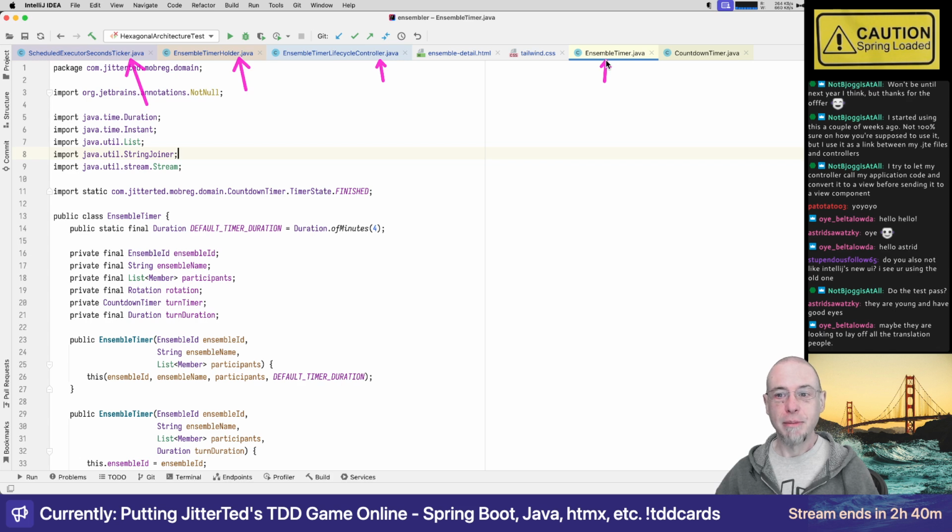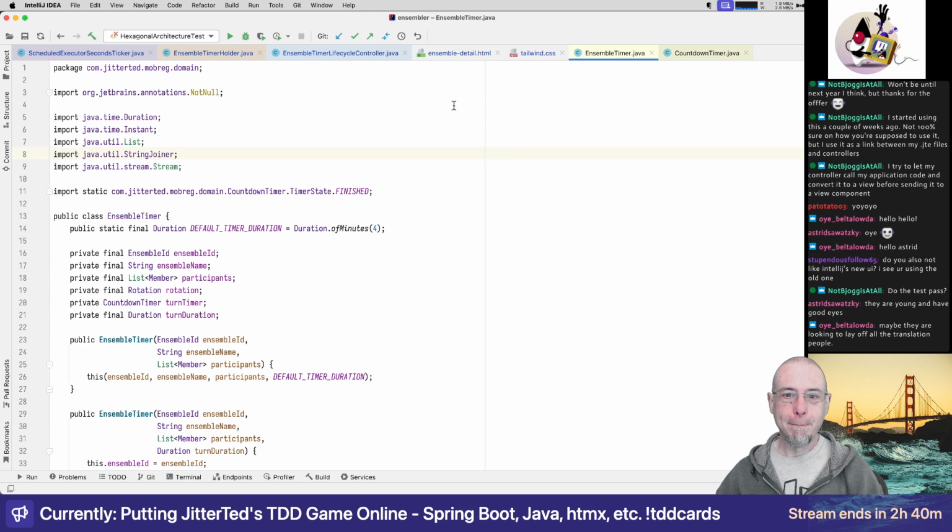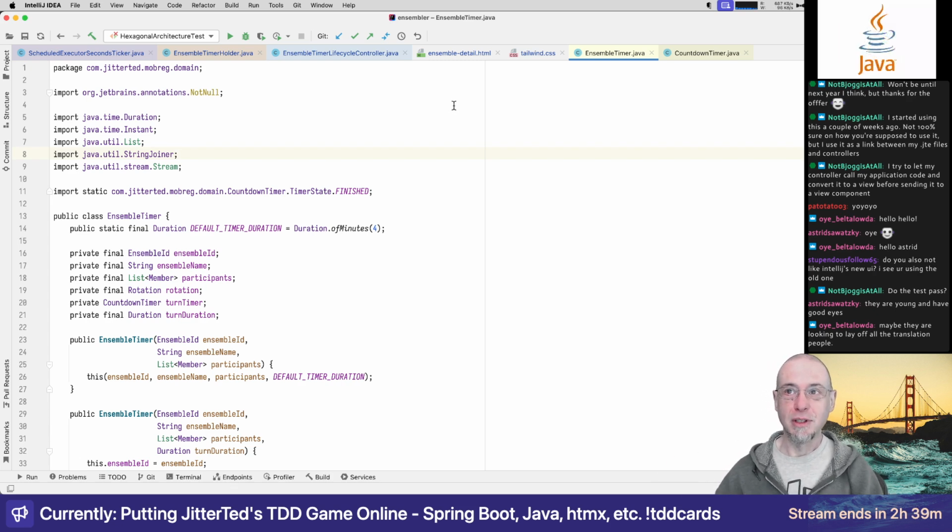Blue is an inbound adapter, and yellow is the domain. Those are worse. I also found it really hard to tell which is the currently selected tab. I filed issues for these, and there's lots and lots of discussion. That's the long answer for why I'm not switching until they fix that stuff.